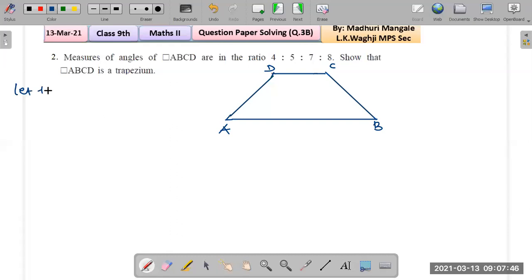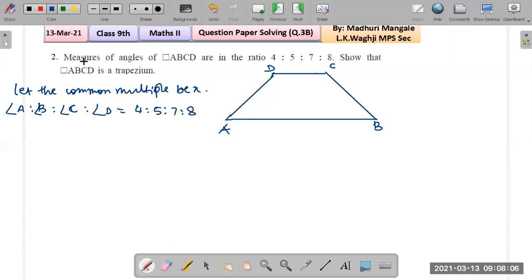Let the common multiple be x, and the ratio is like this: angle A is to angle B is to angle C is to angle D equals 4 is to 5 is to 7 is to 8.